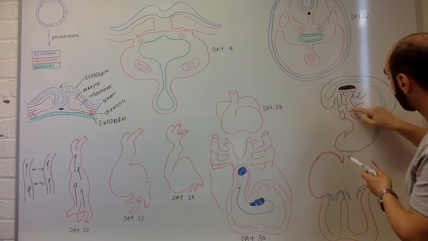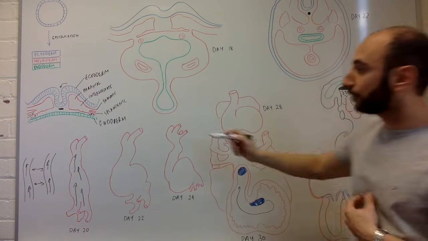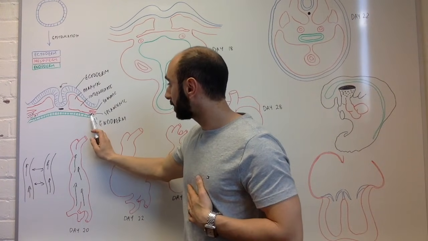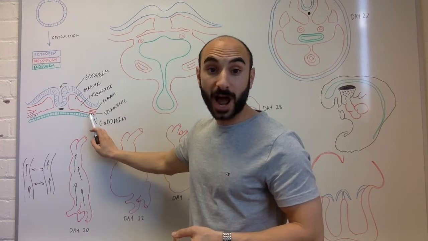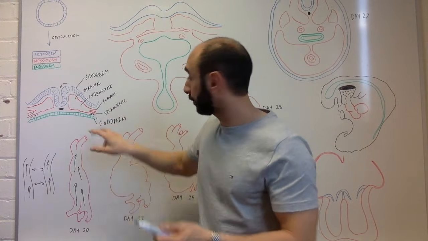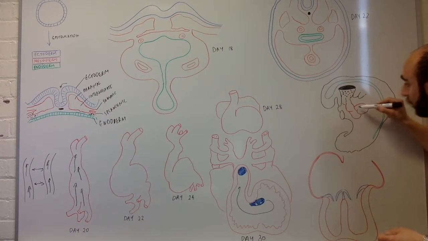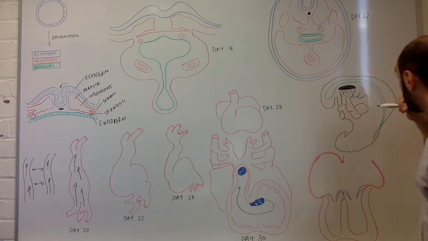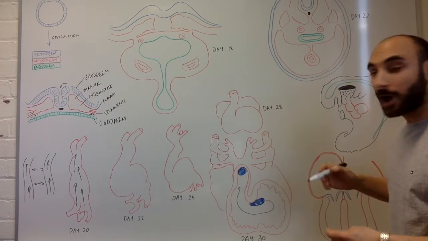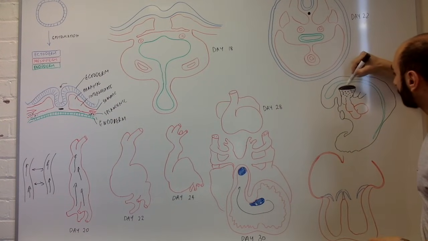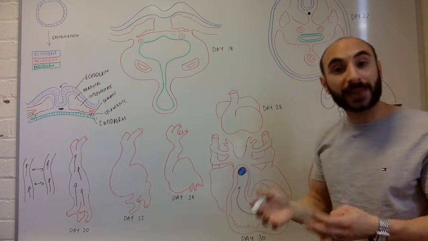So we have the primary heart field made from the cardiac myoblasts and the blood islands that were from the splanchnic mesoderm, making up the heart over here, which we'll go through in a second. And the rest of the heart is derived from the secondary heart field over here, which is still from the splanchnic mesoderm.